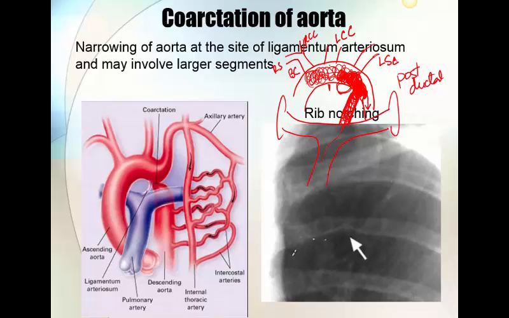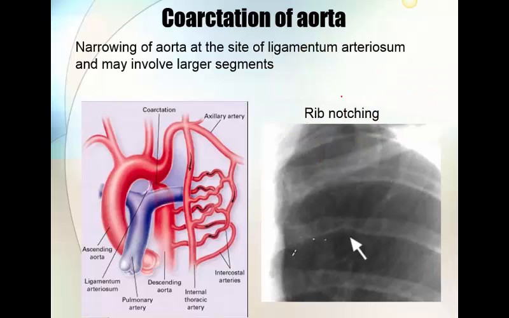case where the coarctation is occurring after the subclavian has been given off, and let's see how the collateral circulation will be set up. So take a look at this picture. I want you to look at this picture. Here's the brachiocephalic. On the right side, everything is normal.